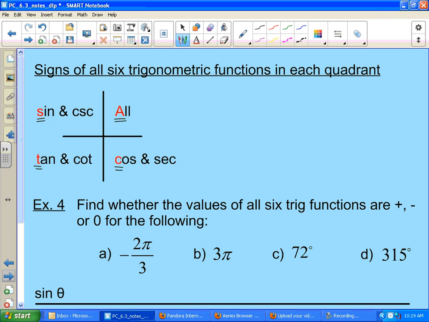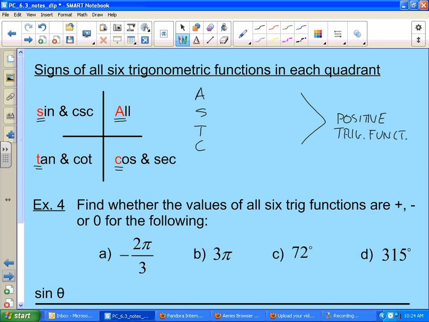Well, because x's and y's are all positive there, they are all positive. That's what A means: all the trig functions are positive. So this acronym, ASTC, just tells me I have positive values for my trig functions.